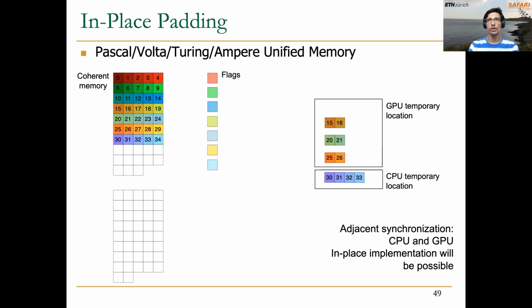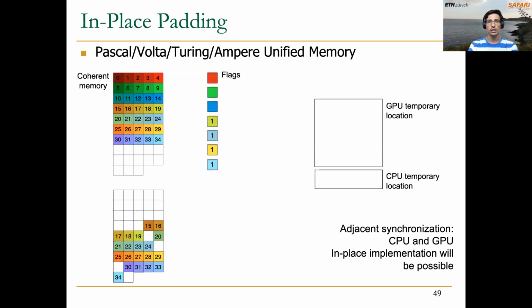Same with other rows. At some point, when the CPU has saved the entire row, it can signal the rest of the workers by updating the corresponding flag. Right after that, it starts writing onto the final destination. The fact that the CPU thread updated this flag means that the rest of the workers know they can start writing as soon as possible in the final destination, in this case for the orange row that was assigned to a GPU thread block.